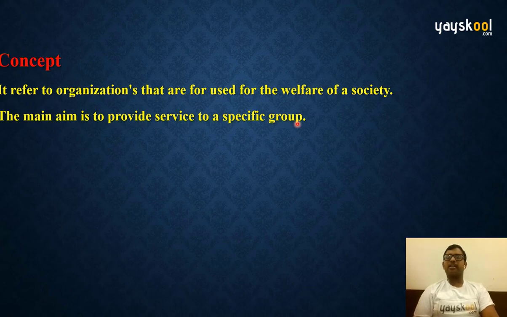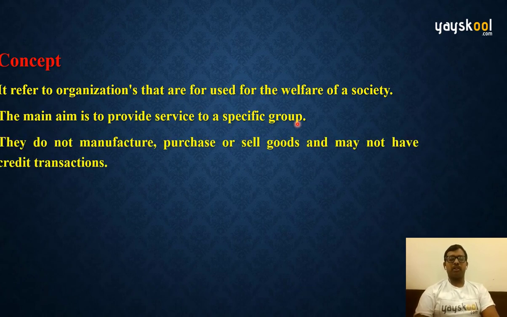As I have said earlier, the specific group includes labor class and poor people. These organizations do not manufacture, purchase or sell goods and may not have any credit transactions. They all self-produce products and services for the needy people.